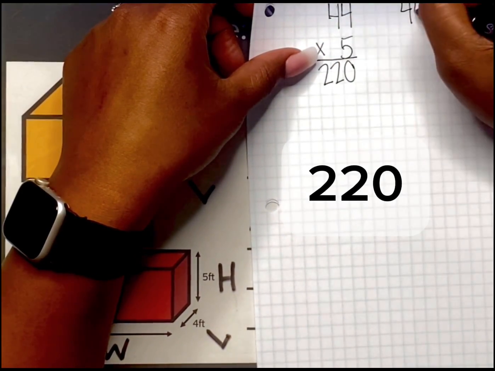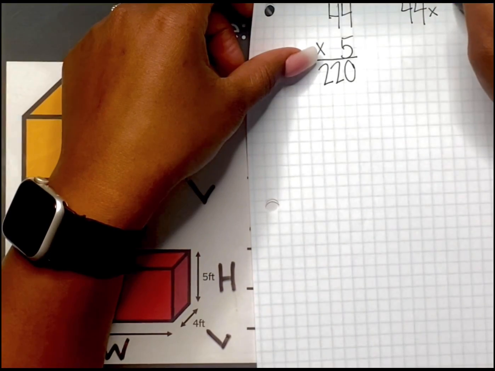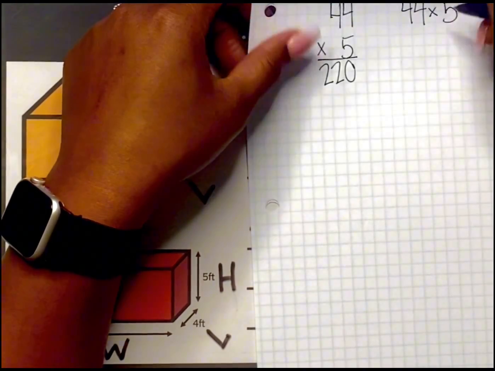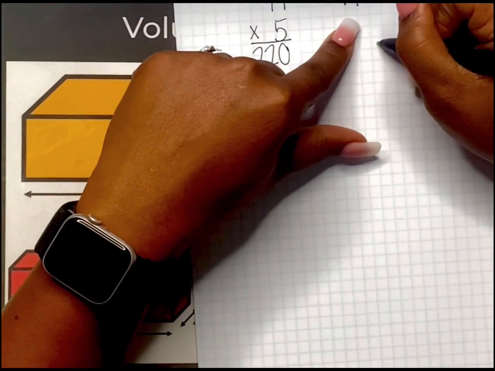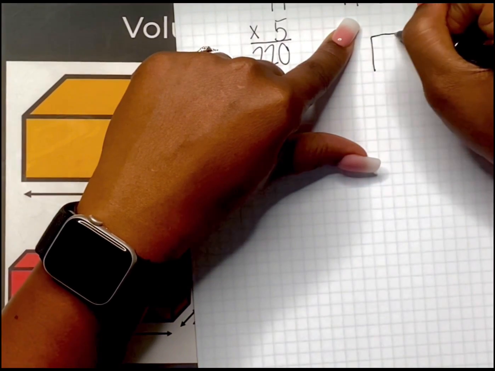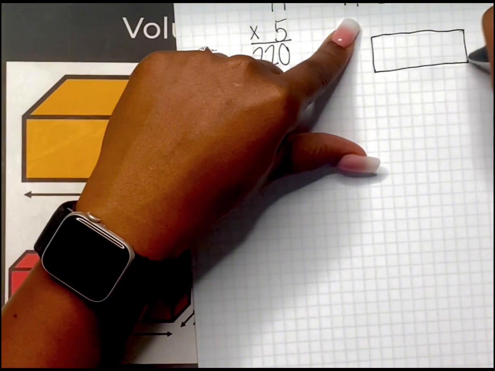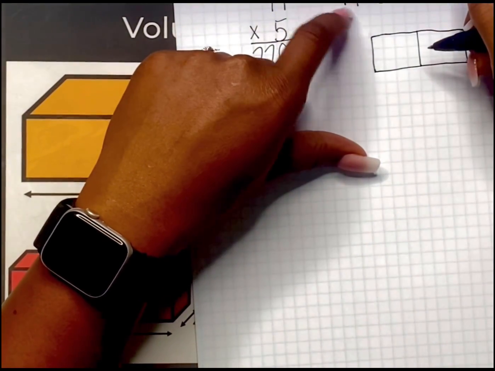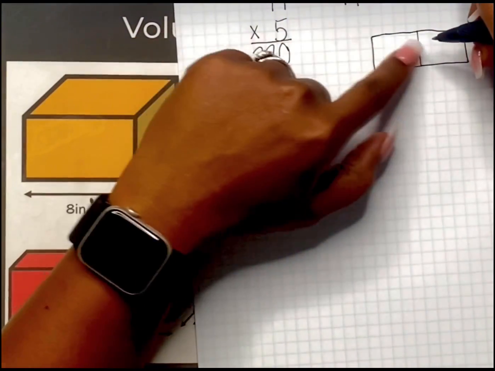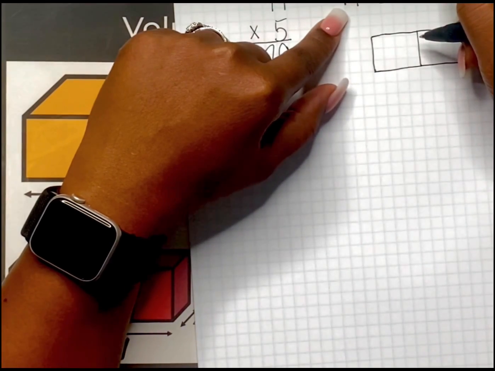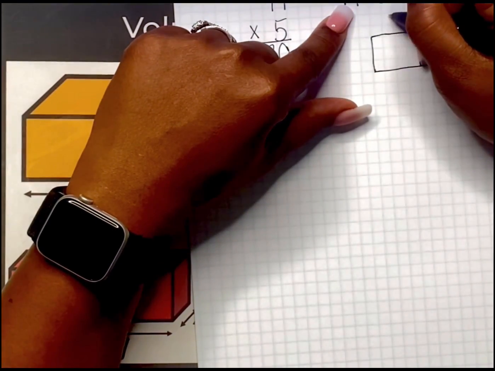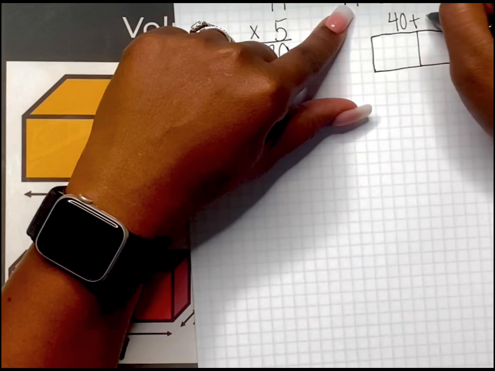Rectangular array, we have 2 digits, so we're going to have 2 sections in our rectangle. If you're ever unsure about the model, just count the number of digits in your number. 2 digits, 2 sections. We're going to put it in expanded form. 44 in expanded form is 40 plus 4.